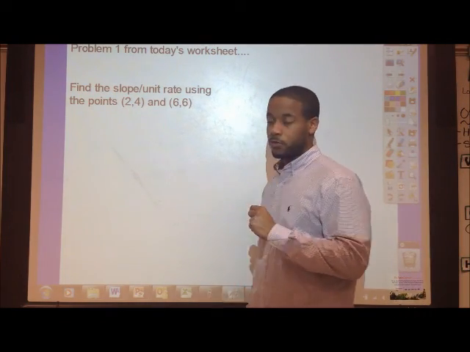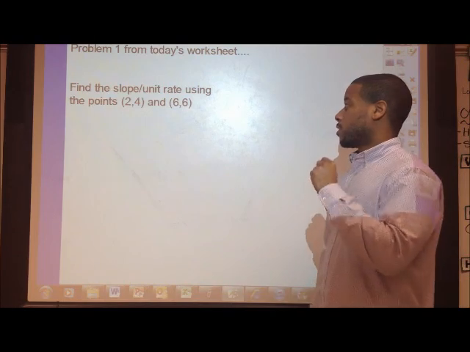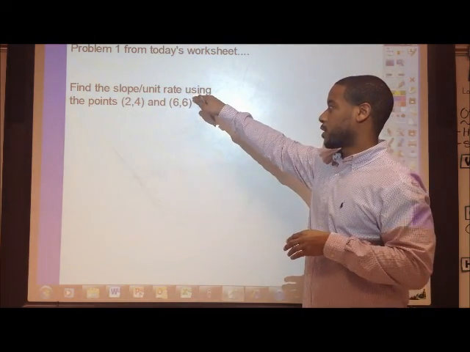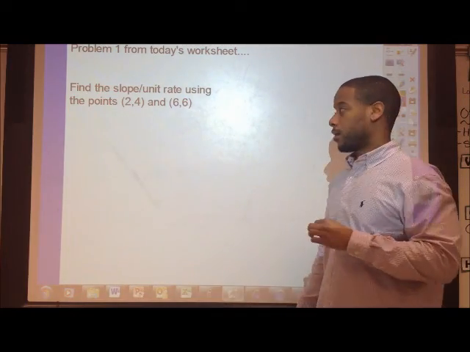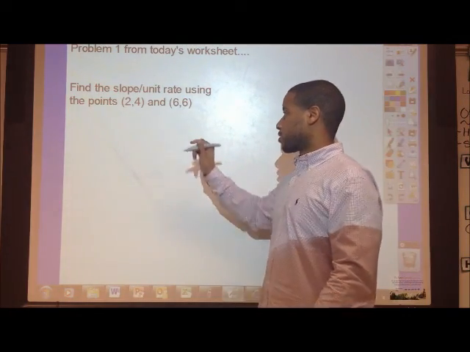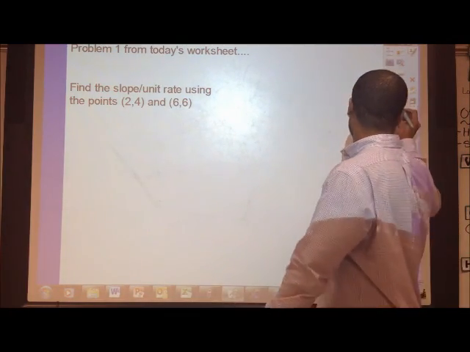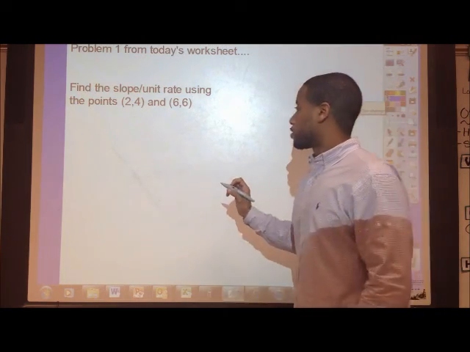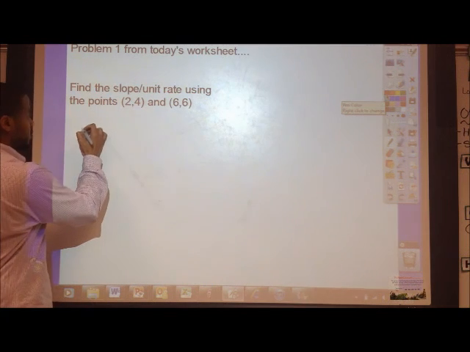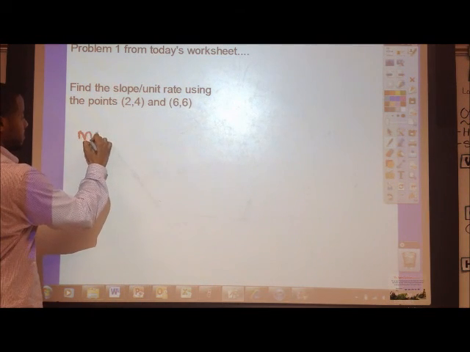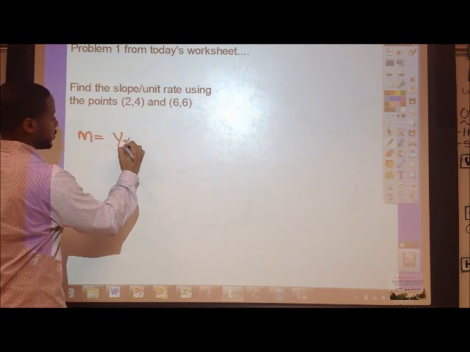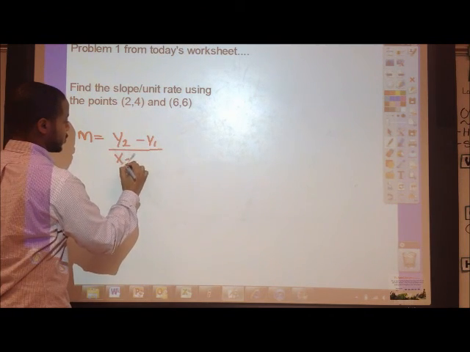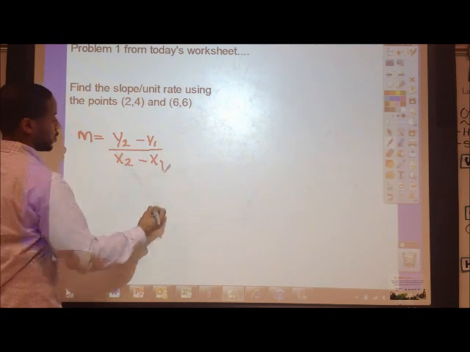Find the slope or unit rate of the points (2, 4) and (6, 6). Ignore that word there. We're going to use the slope formula. The slope formula is m equals y2 minus y1 over x2 minus x1.